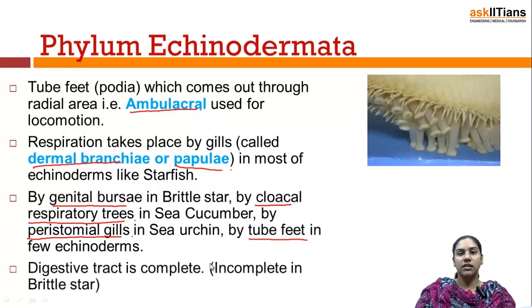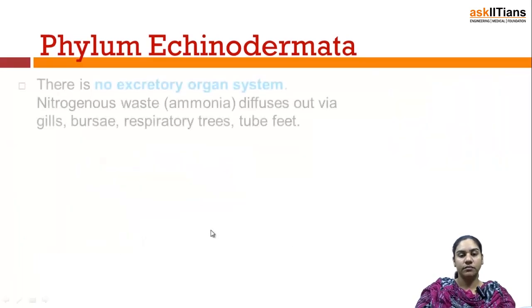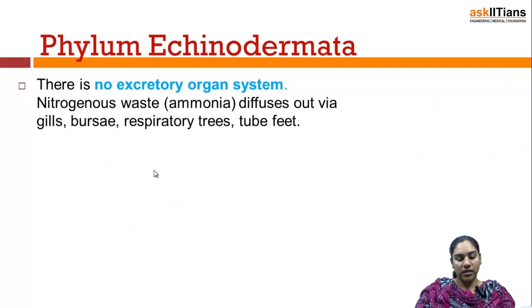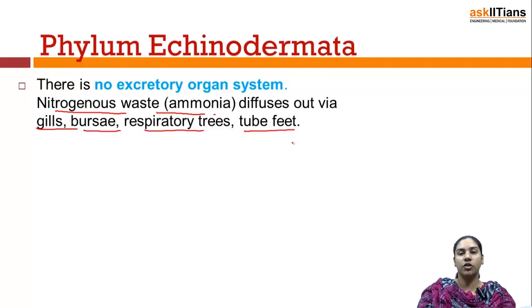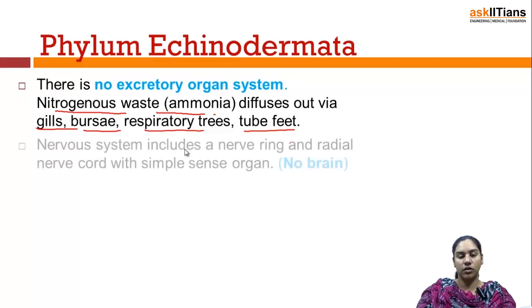The digestive tract is complete, but in case of the brittle star, the digestive tract is incomplete. There is no excretory organ system in these animals, and the nitrogenous waste, that is the ammonia, diffuses out through the gills, bursae, respiratory trees or tube feet. So the respiratory organs also serve as the excretory organs.